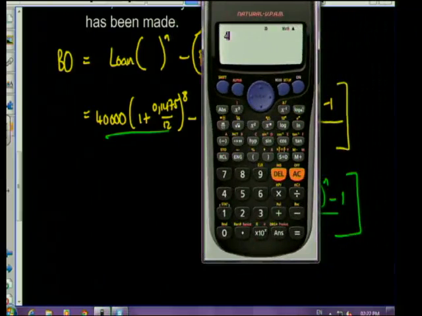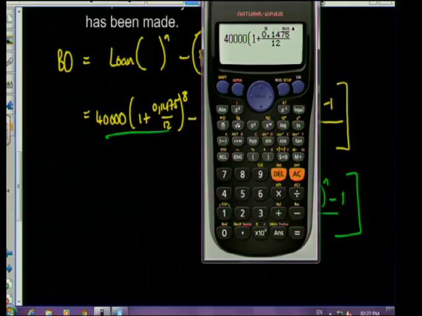So I type the first part, 40,000. And remember, this is just compounding up to the point where you wanted the balance outstanding. So you take the loan, grow it with interest. Put that over 12 because it was monthly, and raise that to the power of 8.